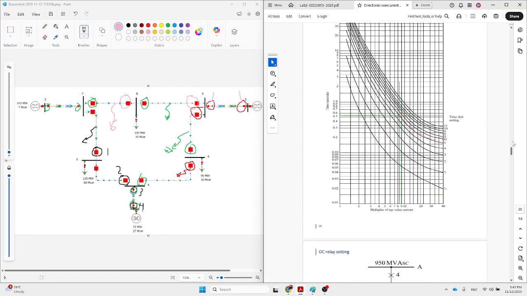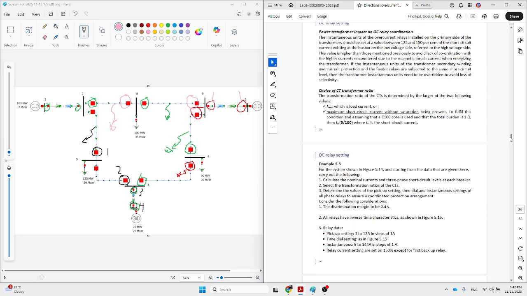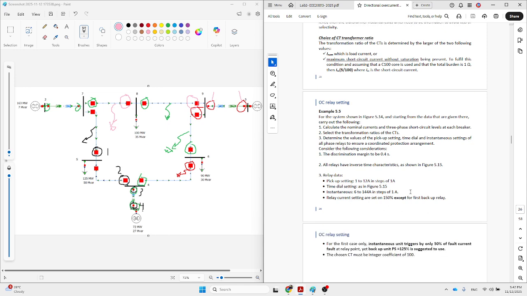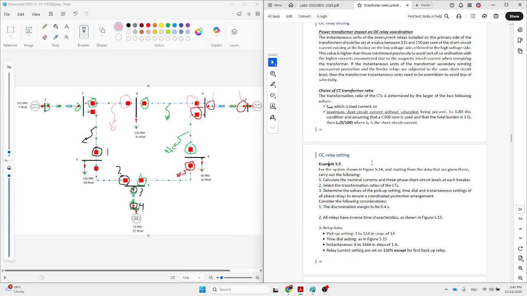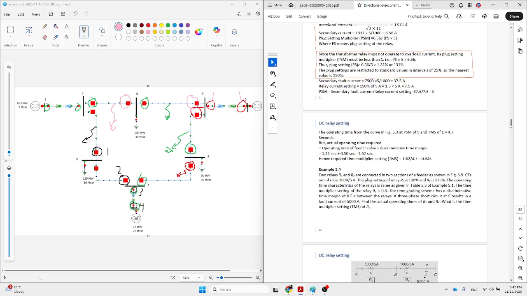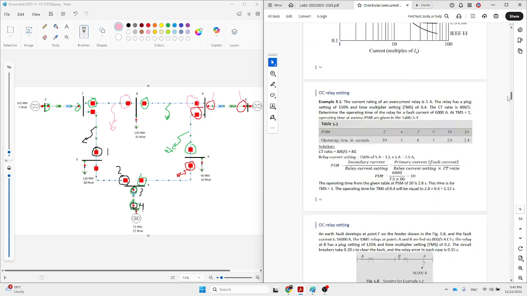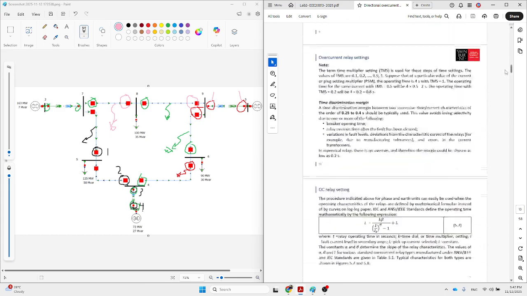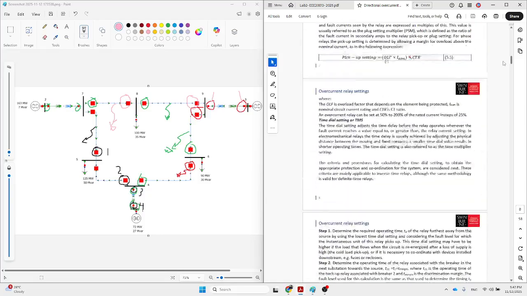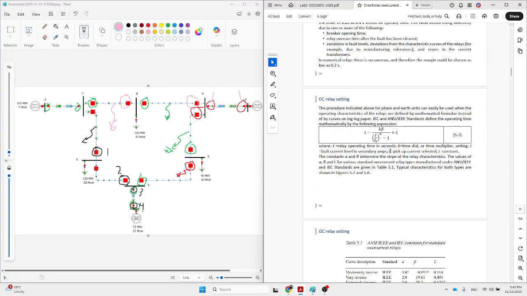But the example for you is exactly the same as example 5.5. So how you must choose the relay, how you must choose the fault current, and then the pickup current, everything must follow the same step. Since I give you more open hands, you can choose a different TSM by this formula.